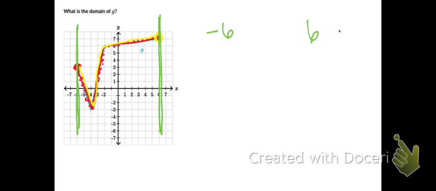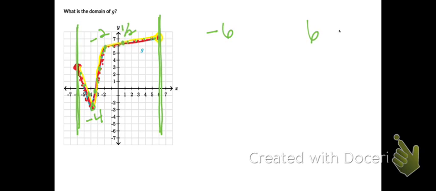+6. So the x-coordinates of the points in between -6 and +6, like right here, this has an x-coordinate of -4. Right here, it has an x-coordinate of -2. Right here, it has an x-coordinate of 1/2. So it's all of the x's between -6 and +6.